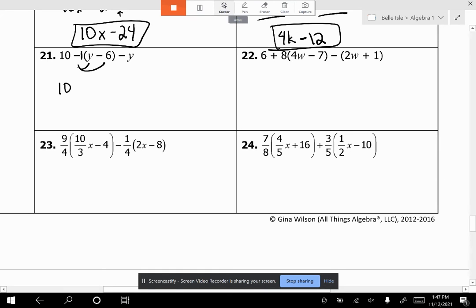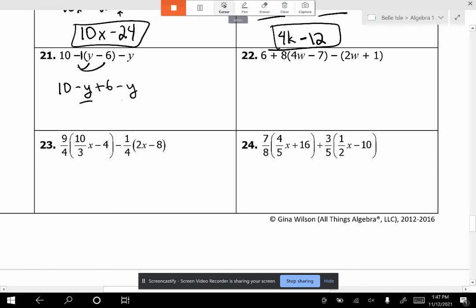So you have 10 minus y plus 6 minus y. And now combine like terms. Variables come first. So you've got -y minus y is going to be what? How many y's do you have? Are they both negative? Yes. So they're not canceling out. So how many negative y's do I have, Caleb?